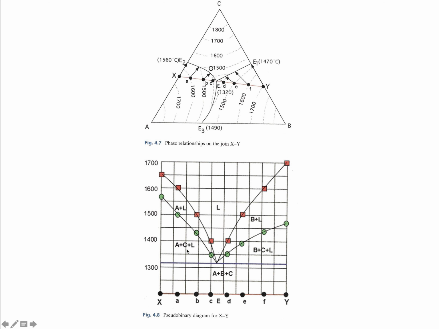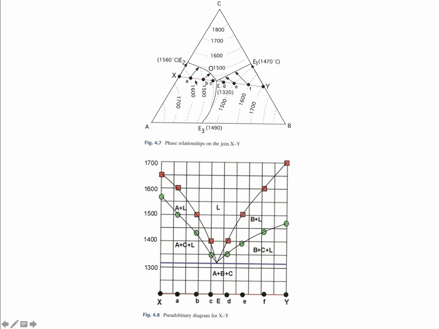So, and here we have then A plus C plus liquid on that side, yeah, within this field. And here we have point A, that is at point A. Here we have point B, that is at point B. And here when we are going from this jump from here to here, then we are moving to this curve finally. And that is here then for point A.